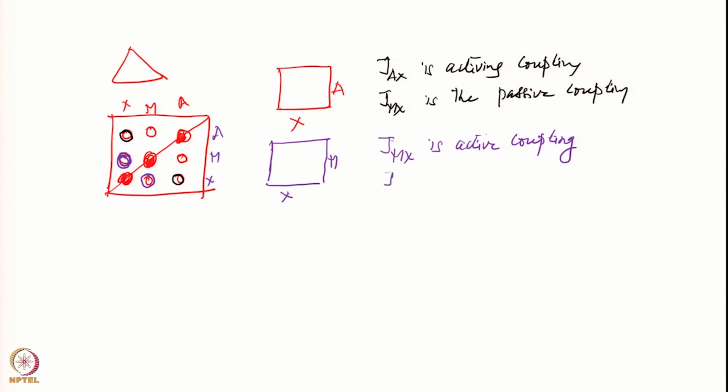Notice this side I have X multiplet, this side I have M multiplet. So all the three couplings are appearing here, right. So J_AX is the passive coupling, and J_AM is also passive coupling.